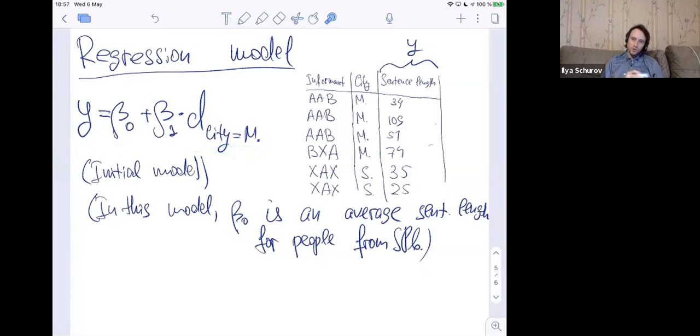For this model average person, the sentence length equals beta naught if this person is from St. Petersburg, because in this case the dummy value is 0. Okay, what about beta 1? How to interpret beta 1?